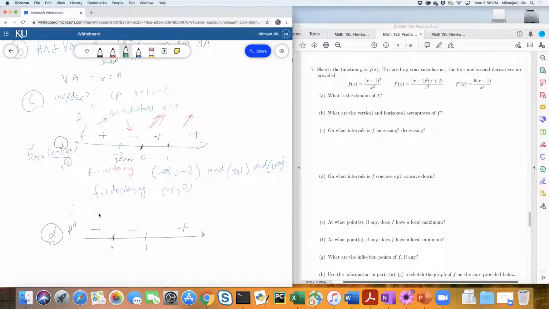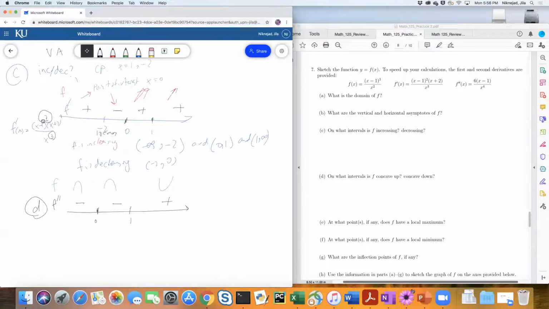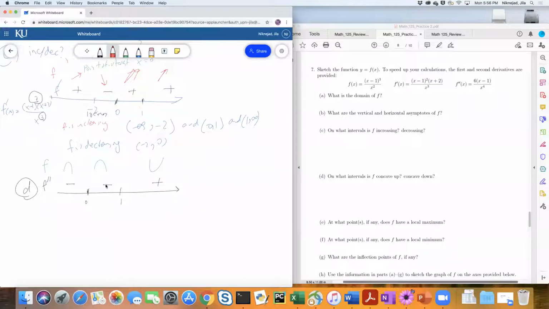Now, F is going to be frowny face, smiley face. So the concavity of F is concave up on 1 to infinity. F is concave down on negative infinity to 0 and 0 to 1.